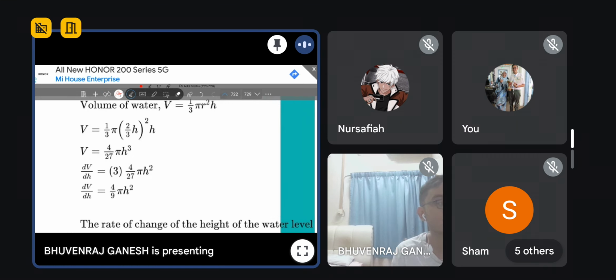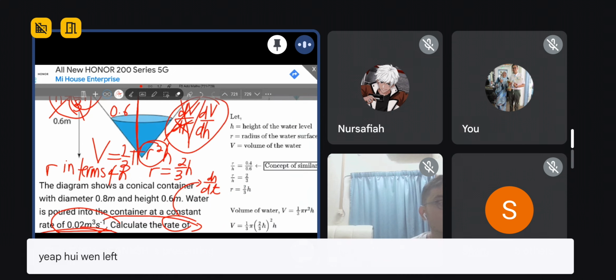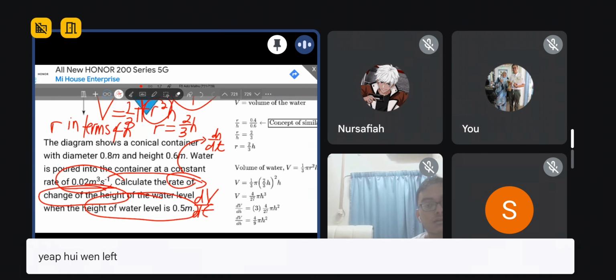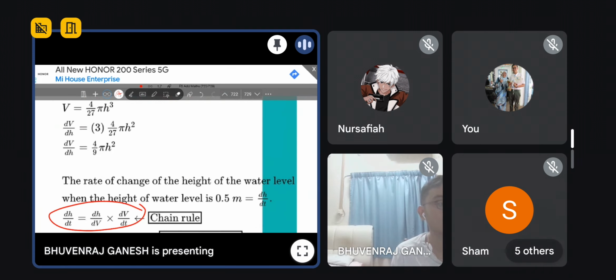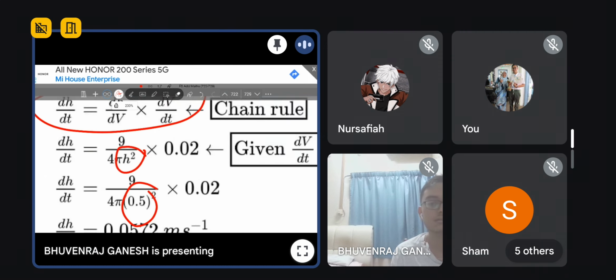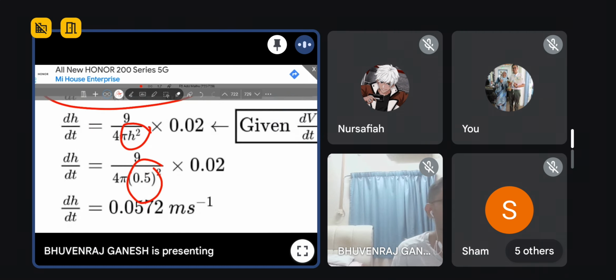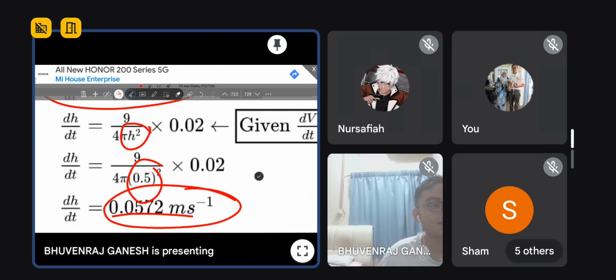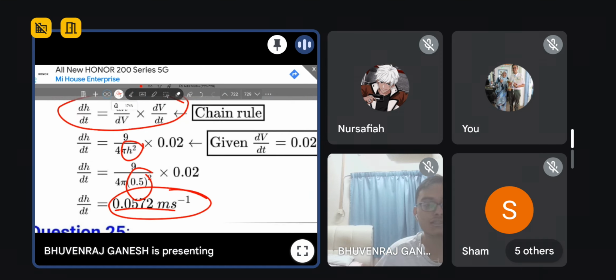Okay, because question give you H equal to 0.5. All right, so then you will get final answer dH/dt equal to 0.0572. Alright guys, boleh faham soalan ni? Can you understand? Can you get it?